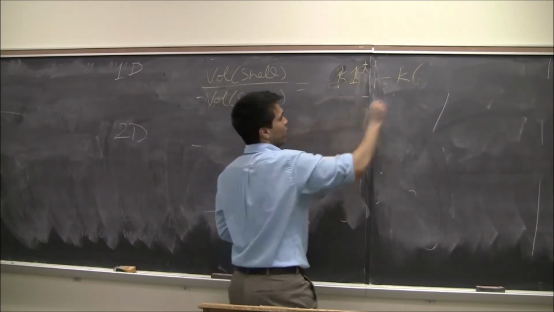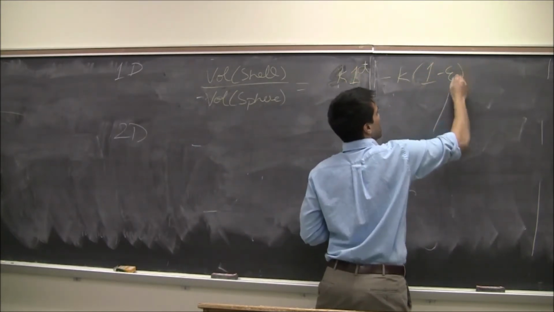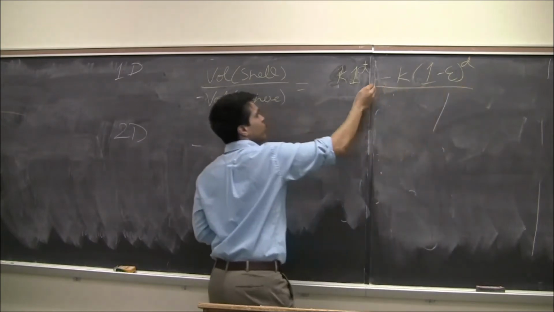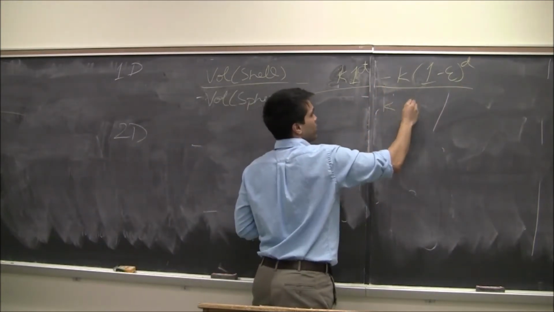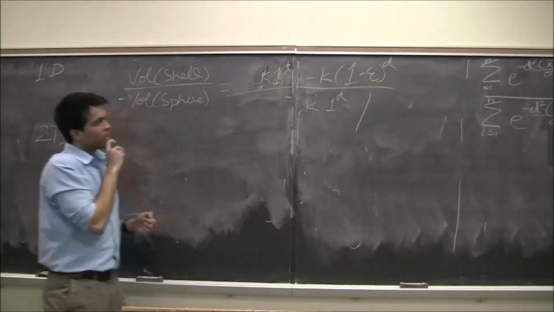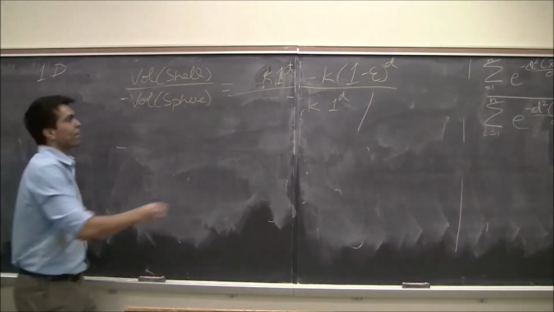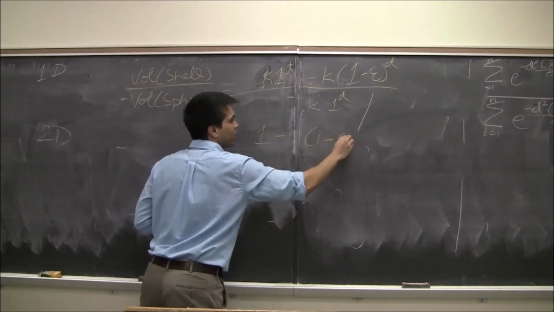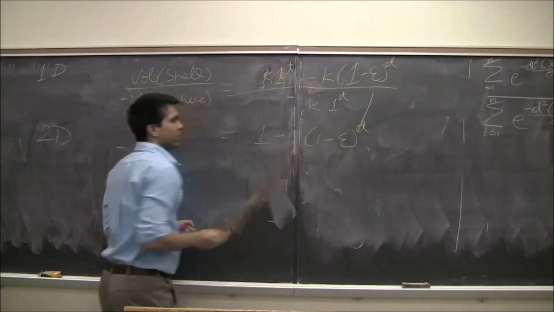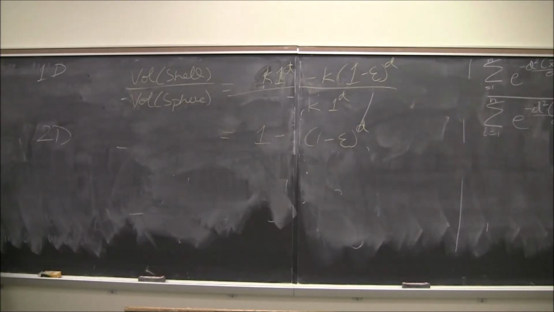It had radius 1. So 1 minus epsilon to the d. Even better. And the denominator was again k times 1 to the d. So far, so good. So this is 1 minus epsilon to the d. That's what the ratio is.